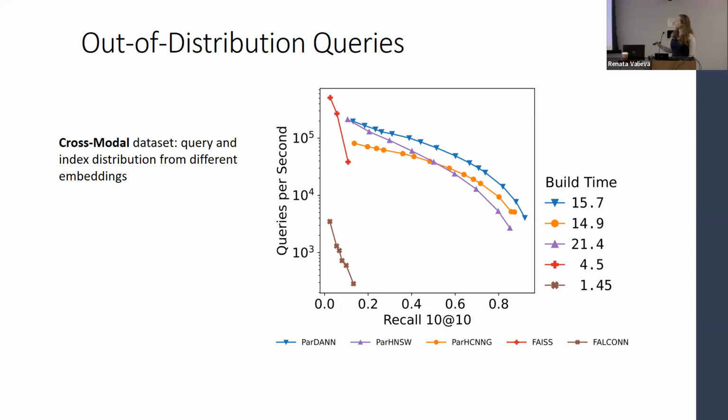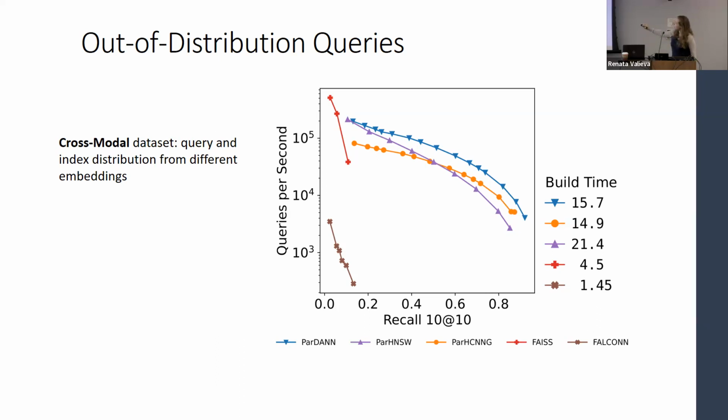What we're looking at here is a QPS recall plot. On the x-axis, we have recall 10 at 10, so we're retrieving the top 10 nearest neighbors. And on the y-axis, we have queries per second. This would be on a machine with 196 threads.